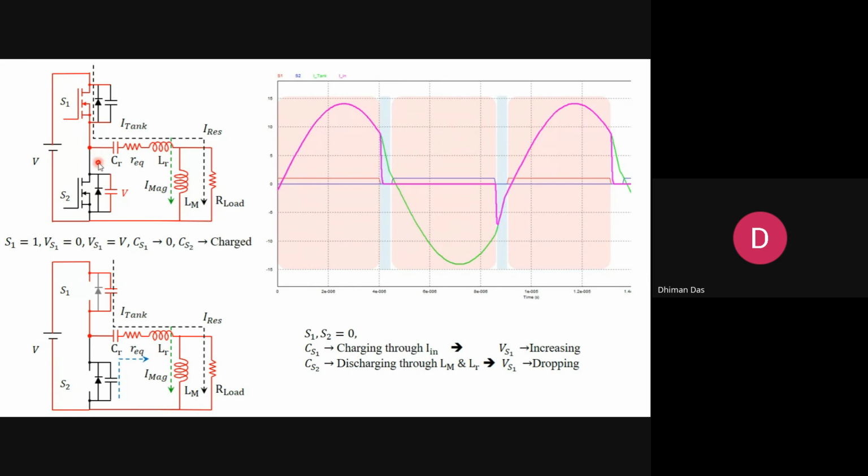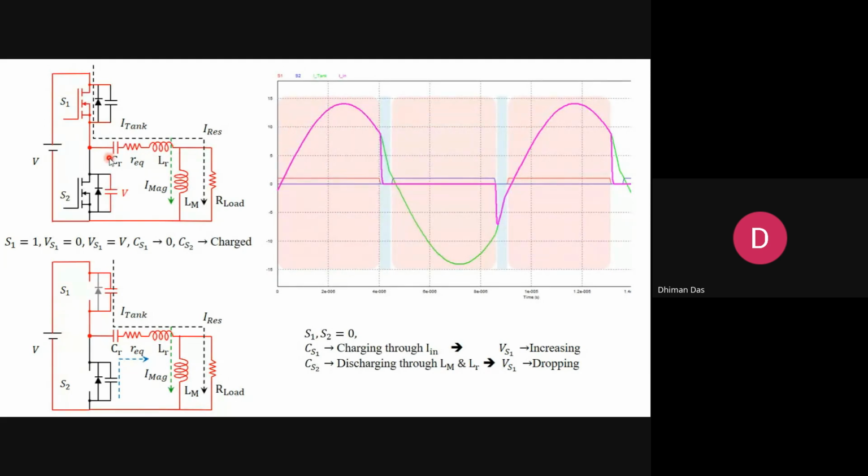In this way, if you turn on the switch S1 at 50% and, with the complementary pulse, turn on the bottom switch S2 at the same 50% duty cycle, then when you drive these two switches complementarily with 50-50 duty cycle, you can get a 0 to plus and plus to 0 swing across this node. Now, let's start with the switching sequence.